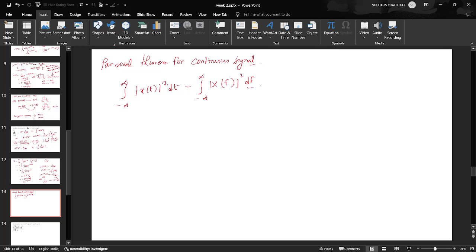And how did we obtain reach here? So you might remember that Rx(tau), the autocorrelation function, is obtained as the integral from minus infinity to infinity of x(t) x star (t minus tau) dt, right?